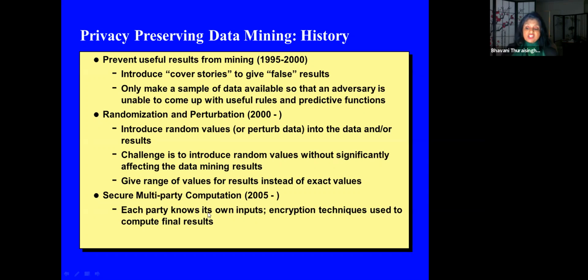Then you have secure multi-party computation. Each party knows its inputs. So we are in a room, each one of us has a secret. We want to take all our secrets and mine and come up with some useful results about the illnesses that we might have. So I may have cancer, I encrypt it and put it in a basket. And my colleague may have COVID, and so she puts something in the basket.